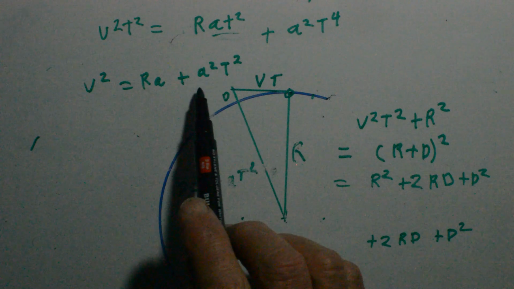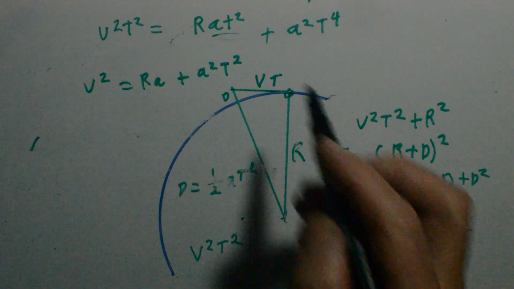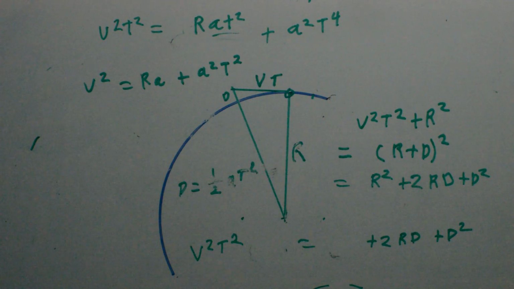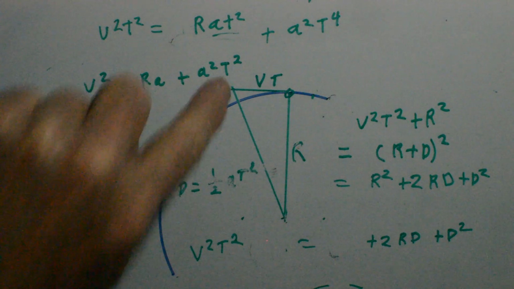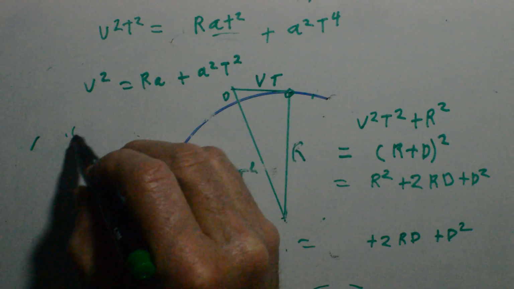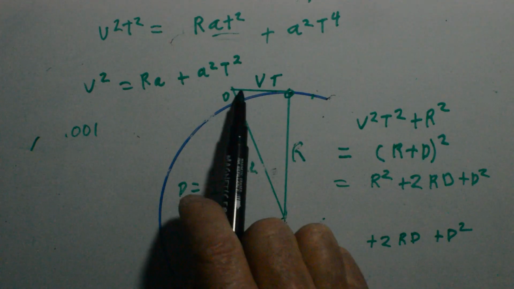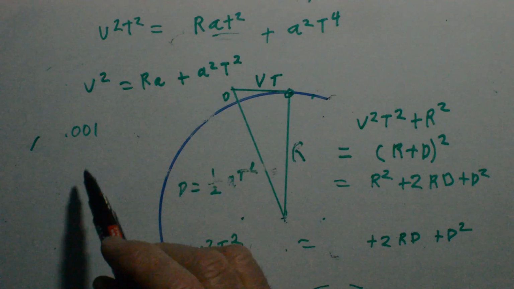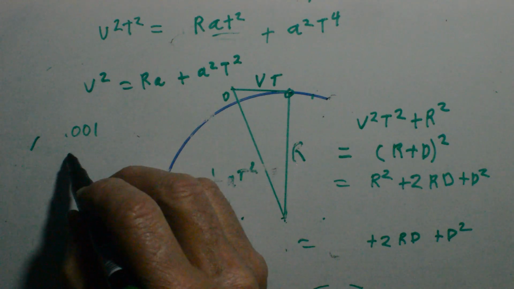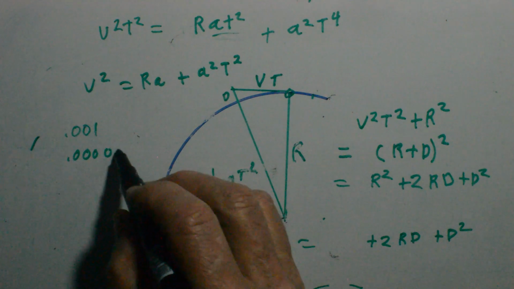Now we have t only in one place here. Okay, now I'm going to say, let's say t is 1/1000th, 0.001. We're letting time get very small. t is 1/1000th, then t squared is going to be 0.000001.